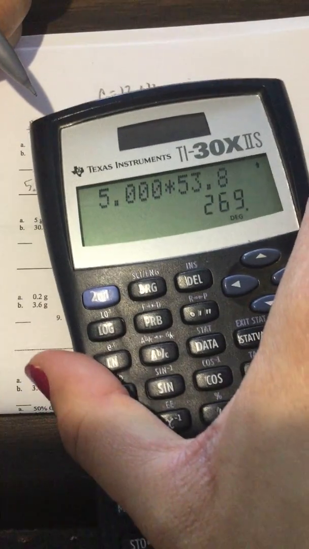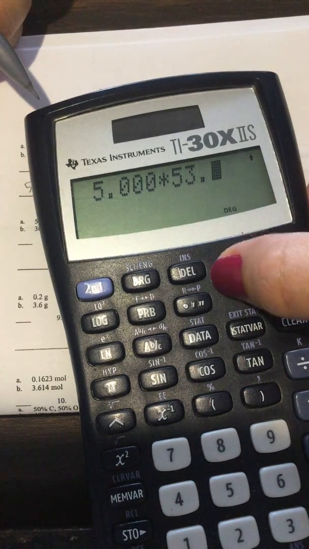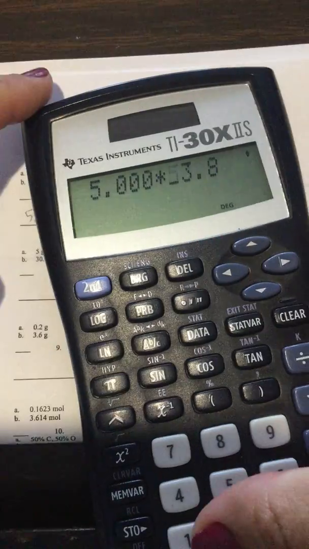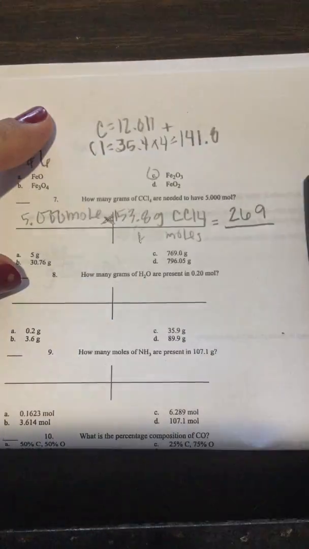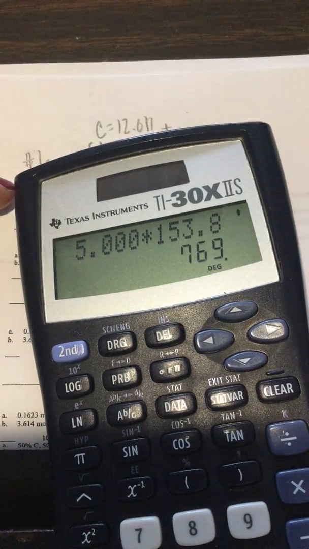Wait. Oh, look what I did in my calculator. I forgot the 1. So that doesn't make sense. So the final answer is 769.